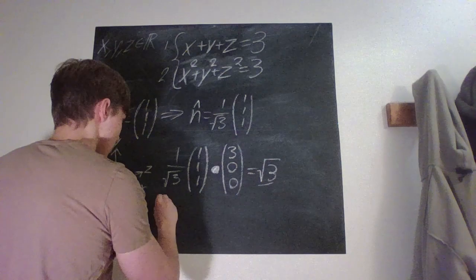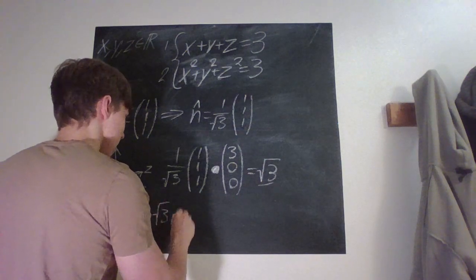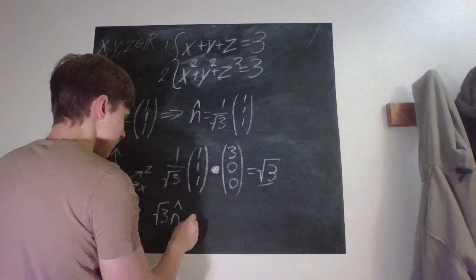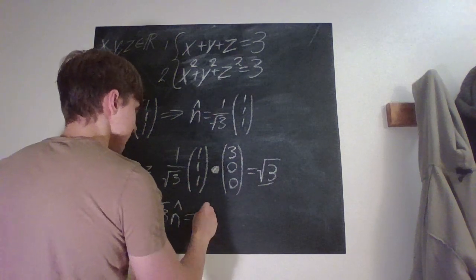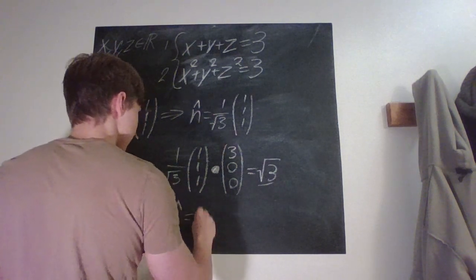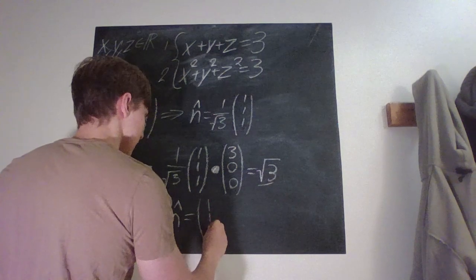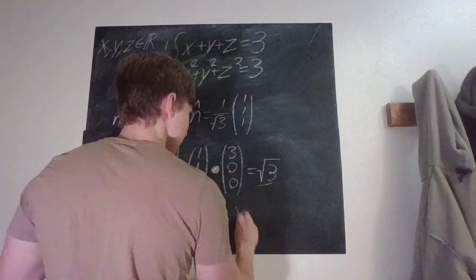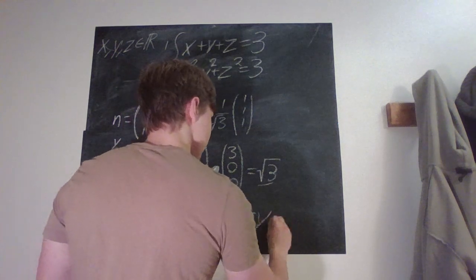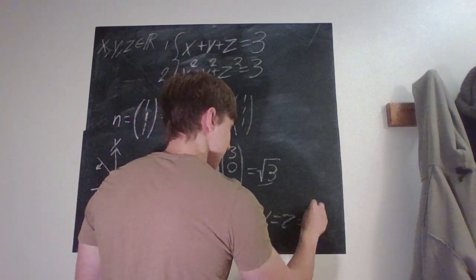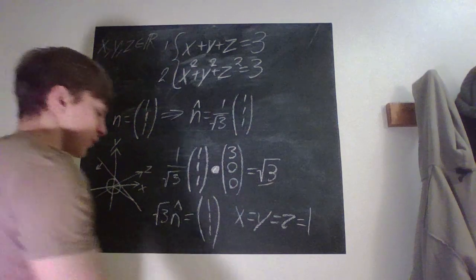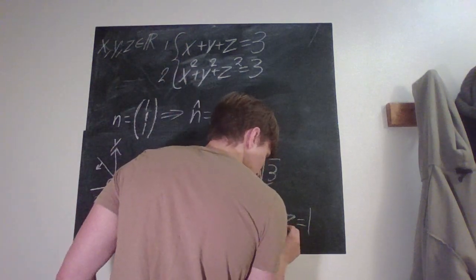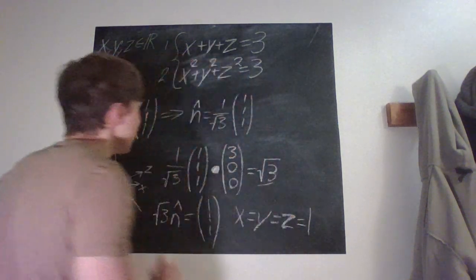So the square root of 3 times the normal vector, the square root of 3's cancel out. So that is just 1, 1, 1, meaning that x is equal to y is equal to z is equal to 1, which is the same solution as we got before. And that is also the only solution there is.